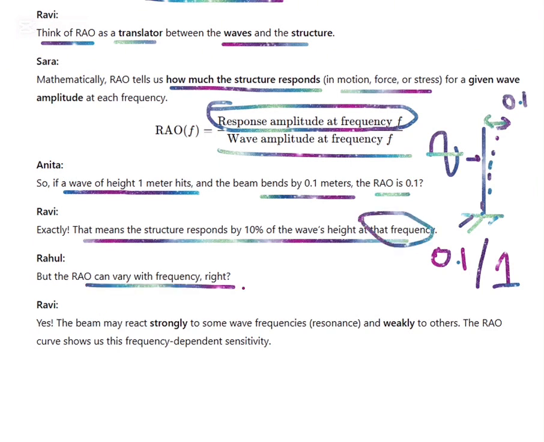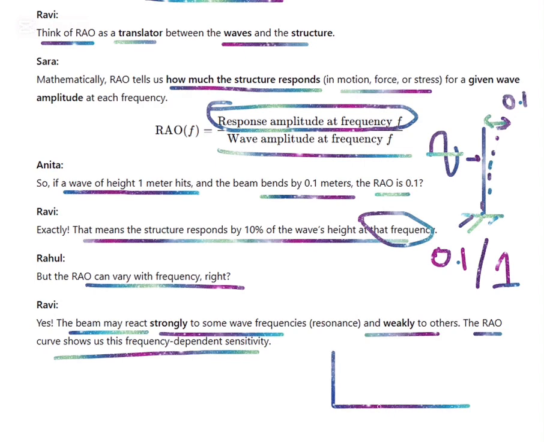But RAO can vary with frequency, right? The beam may react strongly to some wave frequencies. Suppose this wave frequency is say 1 by 3 second, and the structure is also 1 by 3 second, it could deflect much further. It responds strongly, and sometimes it responds weakly to others. The RAO curve shows the frequency-dependent sensitivity.